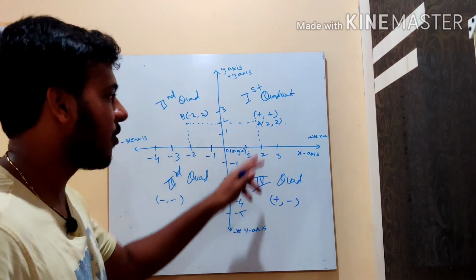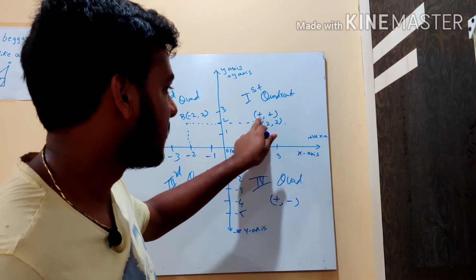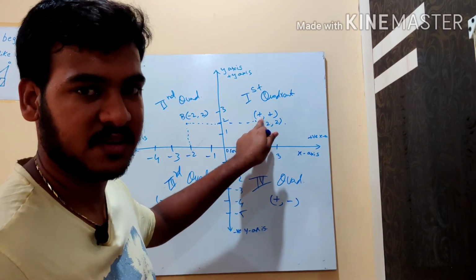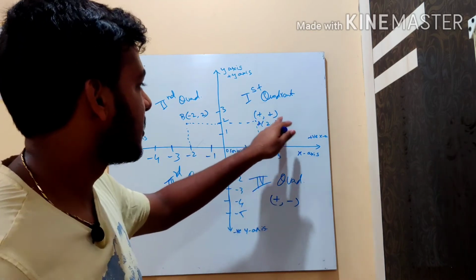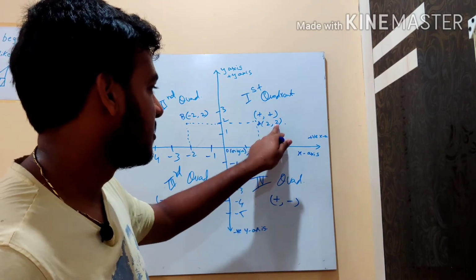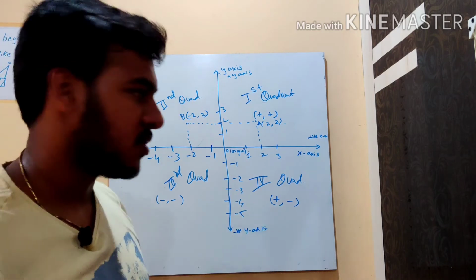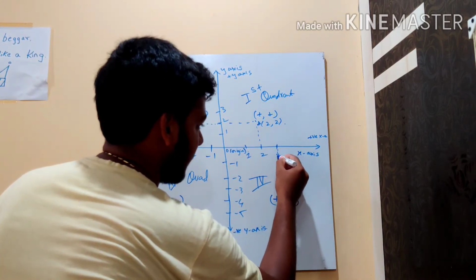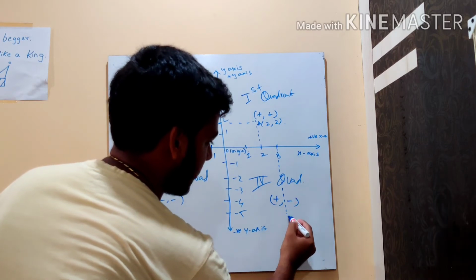While denoting a point, first we should denote x. For the x-axis units we should assign the first place, and for the second we have to assign y. Similarly over here, let us take a simple example, like we have a point over here.